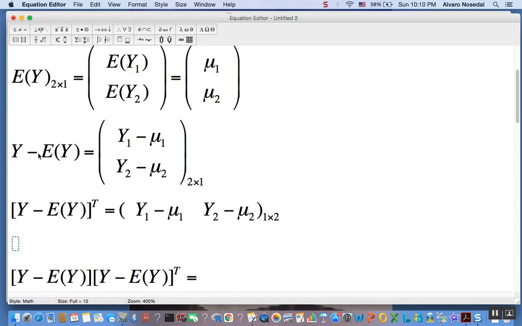Now, we are aware that this is 2 by 1, so the transpose of that vector is going to be a 1 by 2 vector, with y1 minus mu1 as its first element, y2 minus mu2 as its second element, right? Easy.